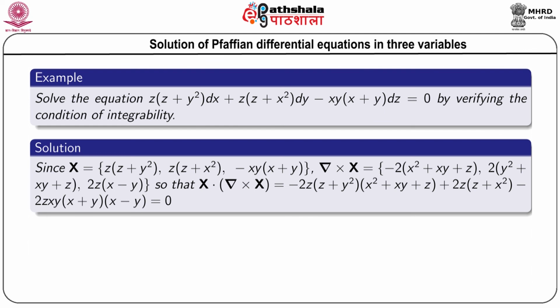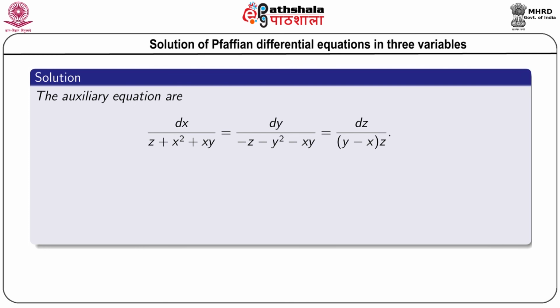So, X is this and curl of X is this. So, X · curl X is equal to 0 for this equation. So, it implies that this equation is integrable. So, it is possible to find the integral surface of the given equation.